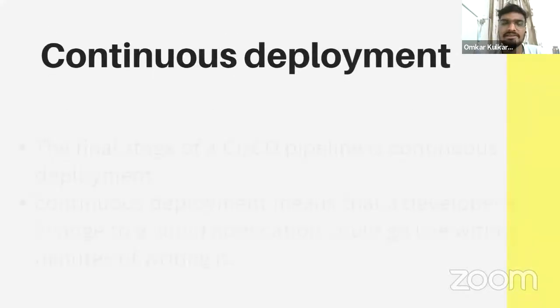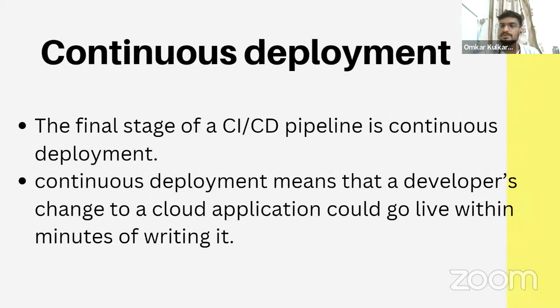Okay, so the next is continuous deployment. The final stage of the CI/CD pipeline is continuous deployment. Continuous deployment means that a developer's change to a cloud application could go live within a minute of writing it. It is an extension of continuous delivery, which automates the production and repository release; continuous deployment automates releasing an app to production.